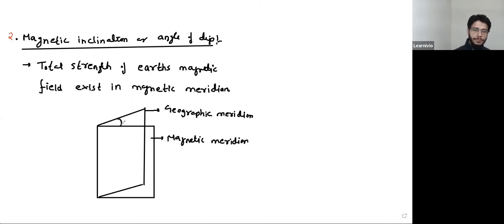The angle between the magnetic meridian and the geographic meridian is declination. And say the total strength of Earth's magnetic field exists in the magnetic meridian. So let's call this B. This is the total strength of Earth's magnetic field.